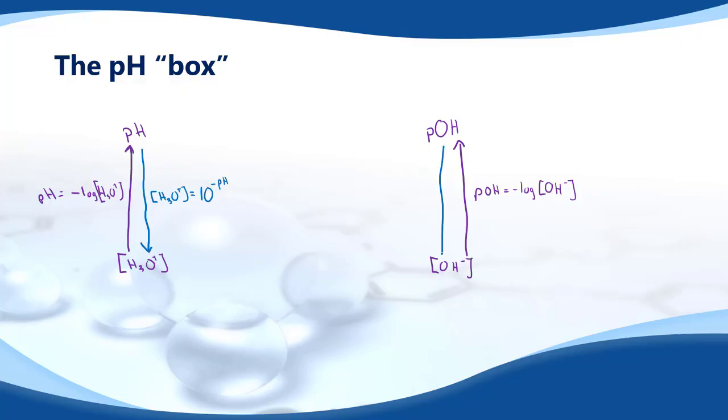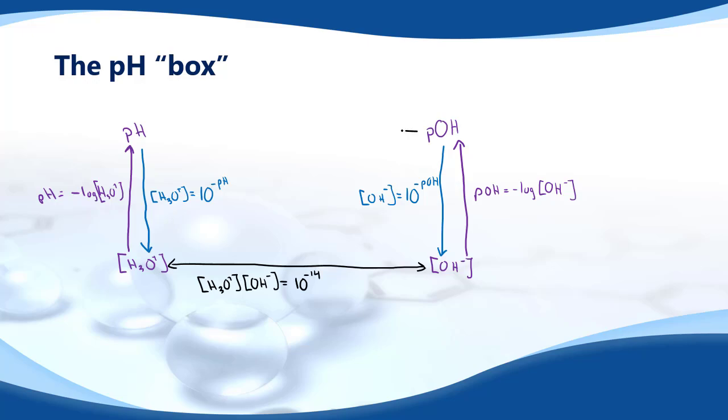And similarly, to go backwards here, I'm going to say that OH minus is 10 to the negative pOH. And then we'll put in our last couple of equations, right? So to convert between these two, I'm going to say that H3O plus times OH minus equals 10 to the minus 14th.